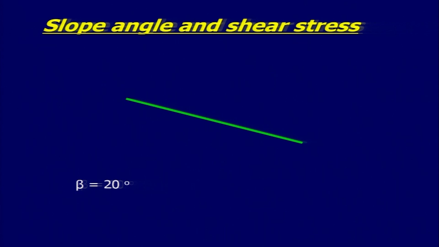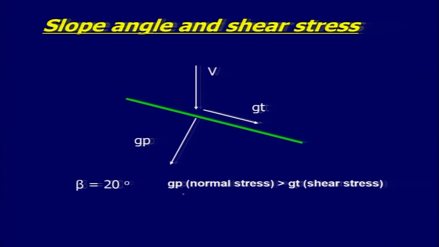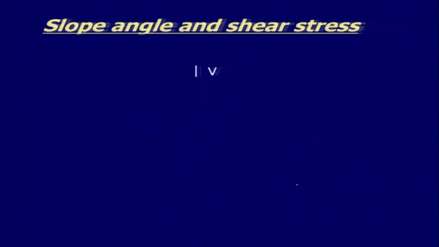So, suppose you take randomly that beta is equal to 20. So here the situation is that GP is greater than GT. So, your resisting force is greater than the driving force here.